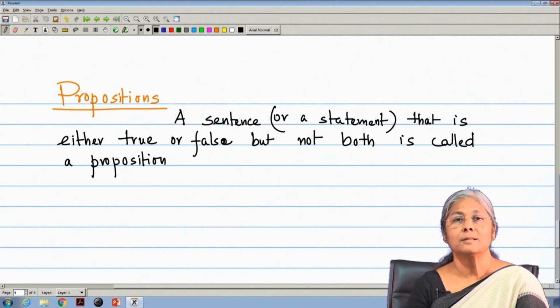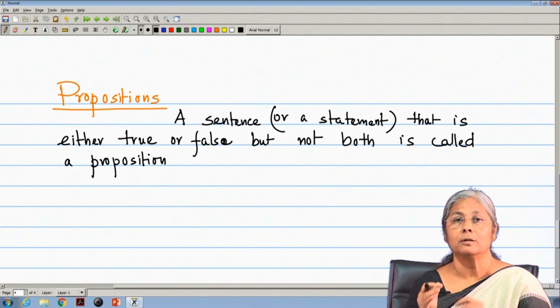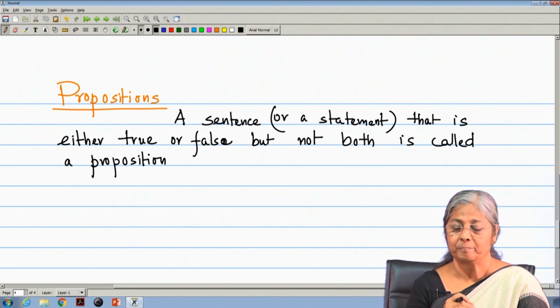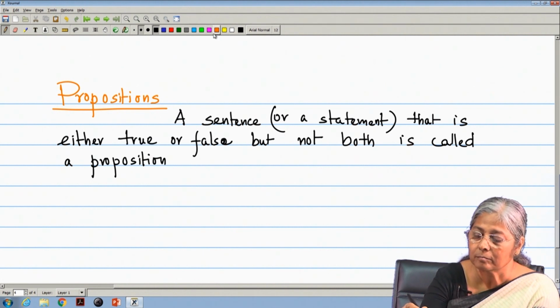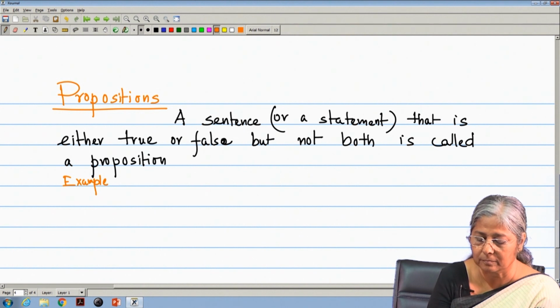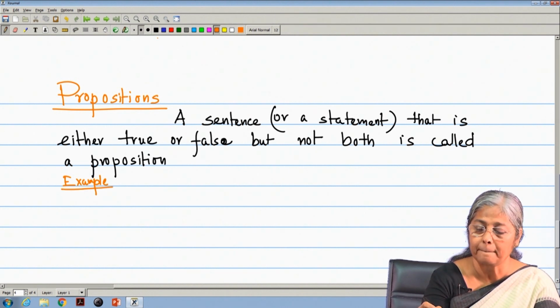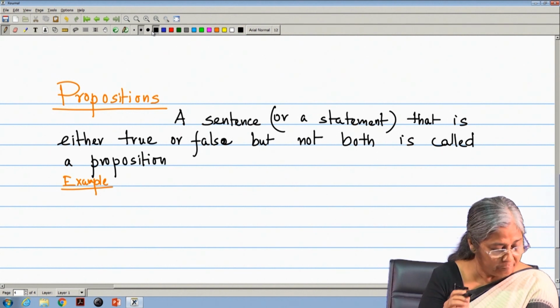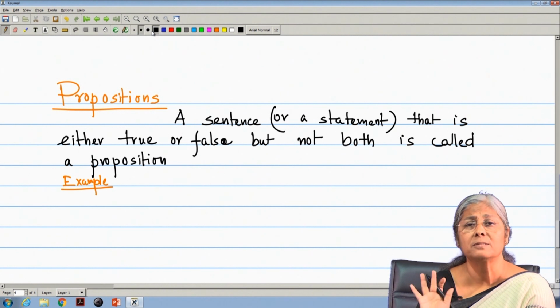We see some very simple examples, so that our concept about the proposition is clear. I give some simple statements.